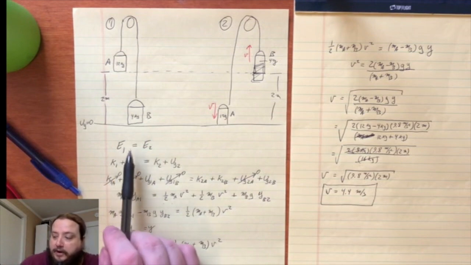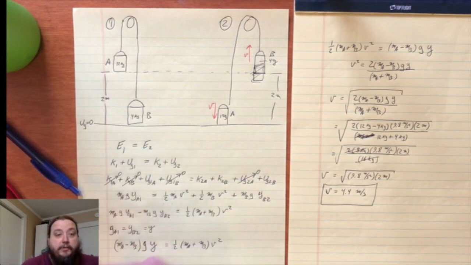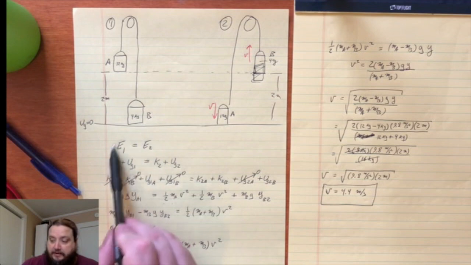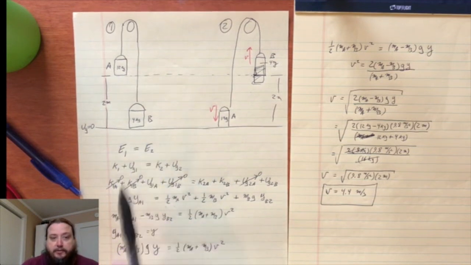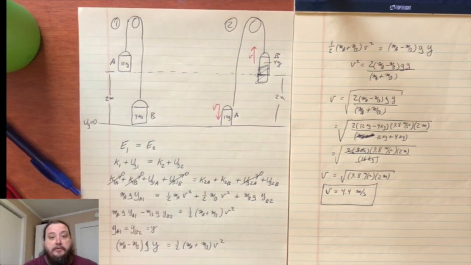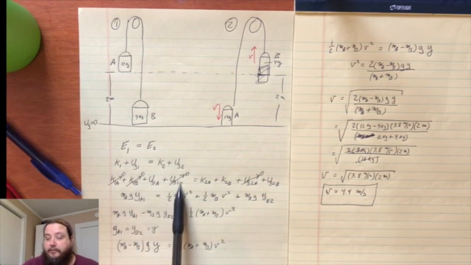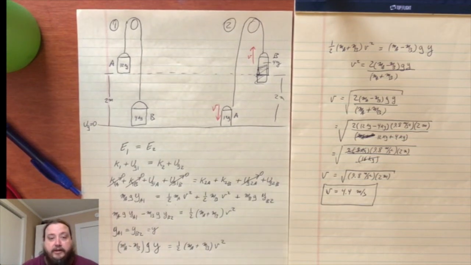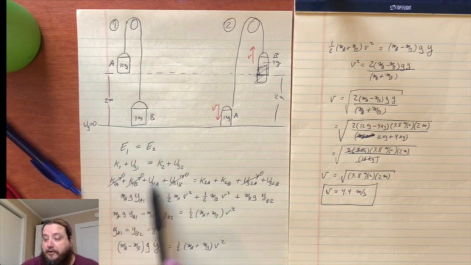We then write down the energy at those two moments, and because we only have conservative forces here, because we only have gravity, then the energy at moment 1 is the energy at moment 2. And so now it's a matter of bookkeeping. We write down all the possible terms that energy could have at moment 1, and all the possible terms that energy could have at moment 2, and remove any of those energies that aren't occupied.